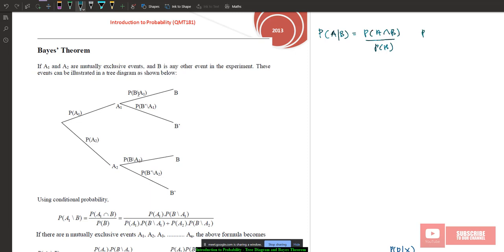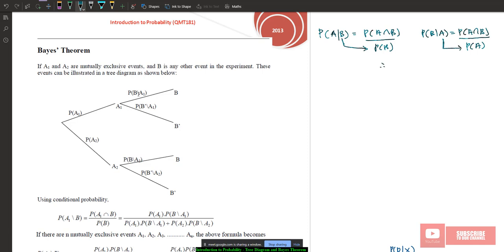Another one is the probability of B given A is equal to the probability of A intersect B divided by the probability of A. Anything that has happened should be at the denominator, and everything already happened should be at the denominator.